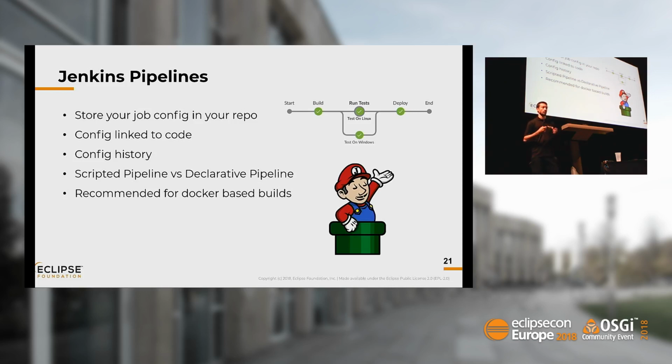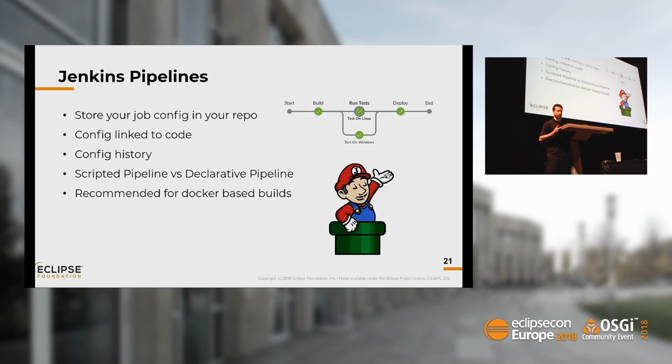And it allows you to link your configurations to your code, so it's always in the right state. It allows you to have a history and to roll back some changes. And to a certain degree, that's easier in the Jenkinsfile that's in your repository than in the UI of Jenkins.